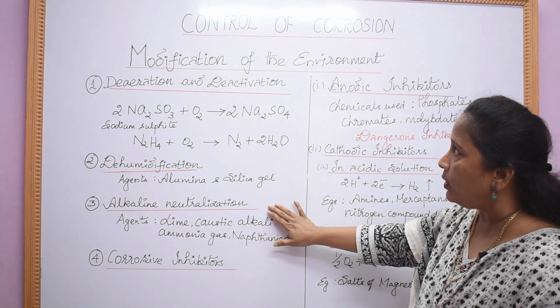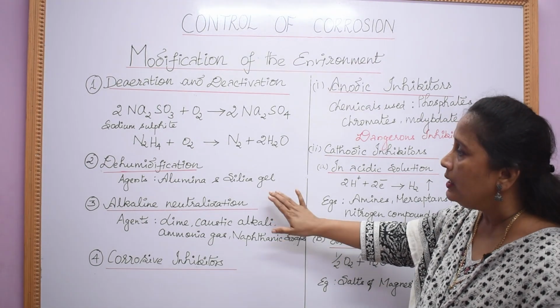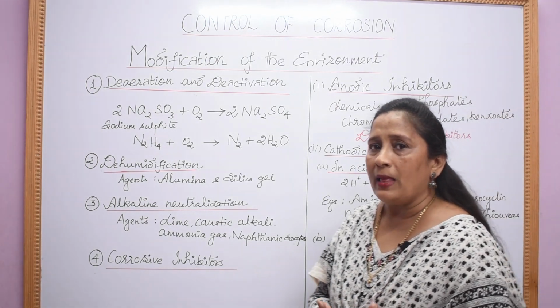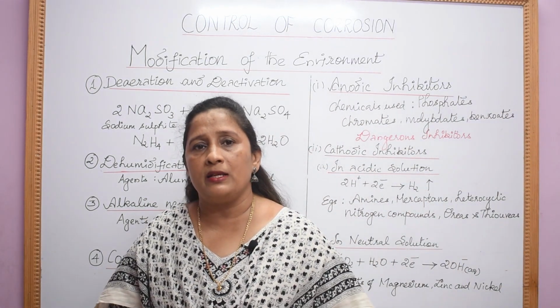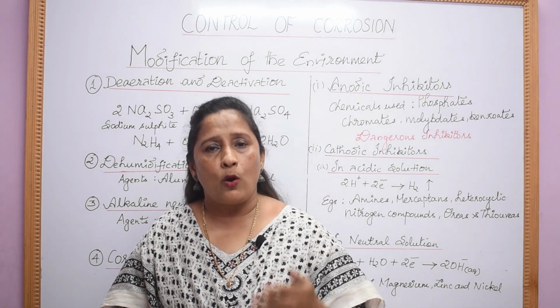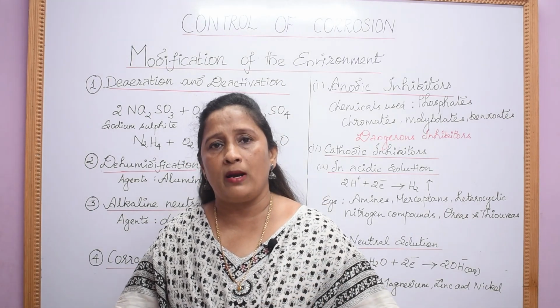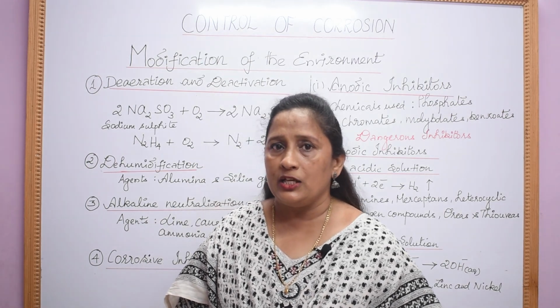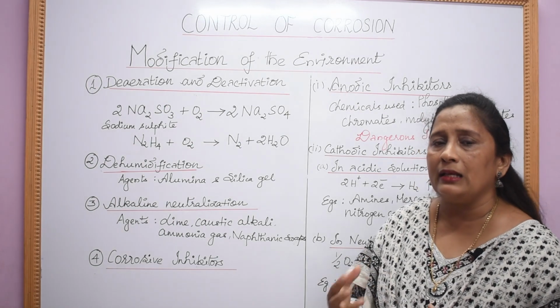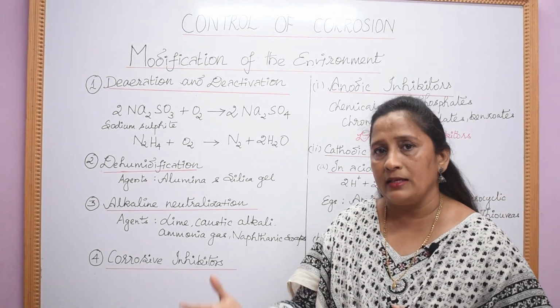The third method of modification of the corrosive environment is alkaline neutralization. We know well that if the corrosive medium is more acidic in nature, the rate of corrosion will be more. So we want to remove the acidic environment and make it neutral in nature. For that, we add certain alkalis. What are the alkalis that we can add to the acidic environment?